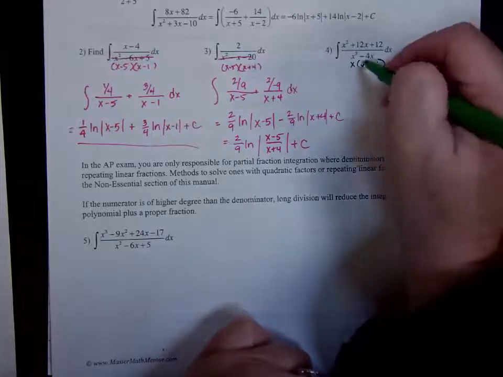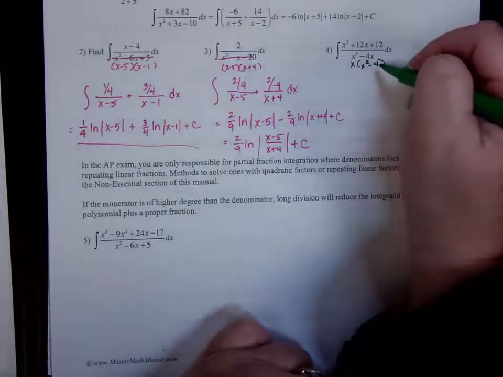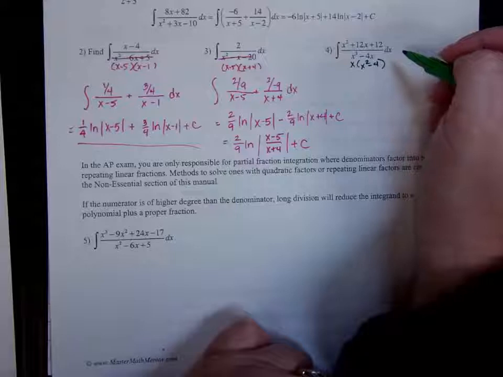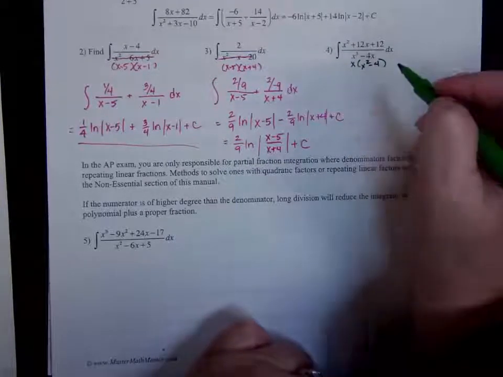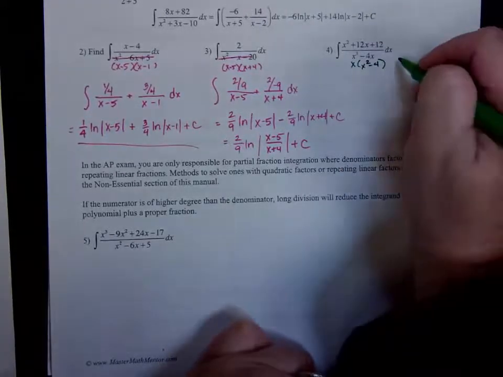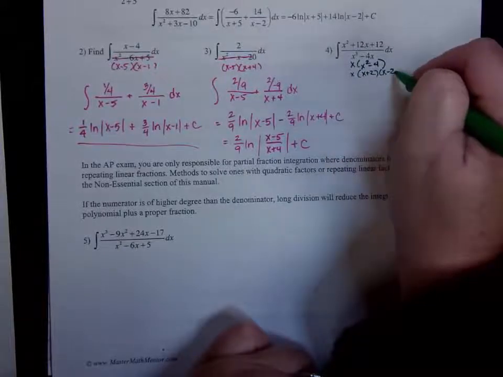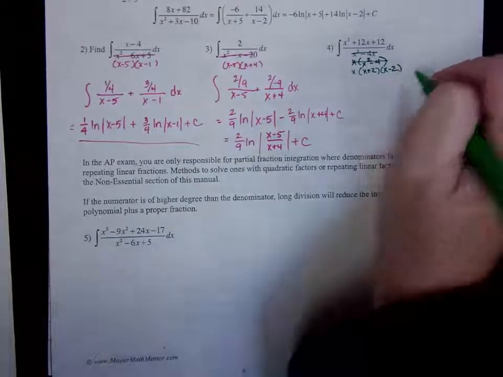On the AP test, you will never see any factors on the bottom with squares in them that cannot be further factored. Everything is going to be linear, powers of 1. So if you ever come across a square, you should be able to factor it again. And Hannah, what did you say this factors into? X plus 2, x minus 2. So I'm going to mark out both previous forms of the answer.